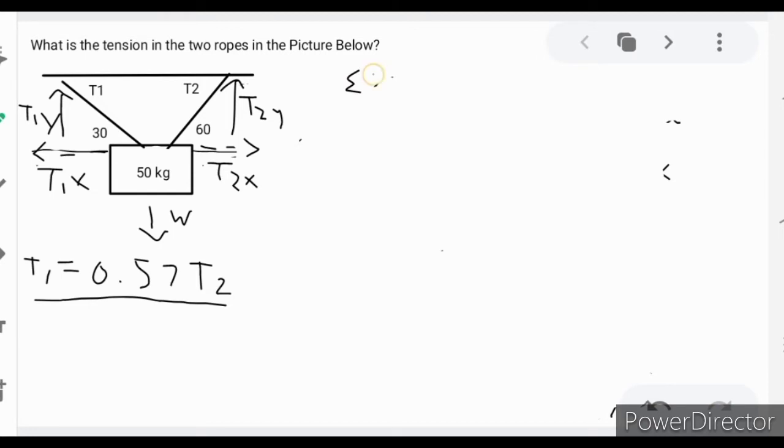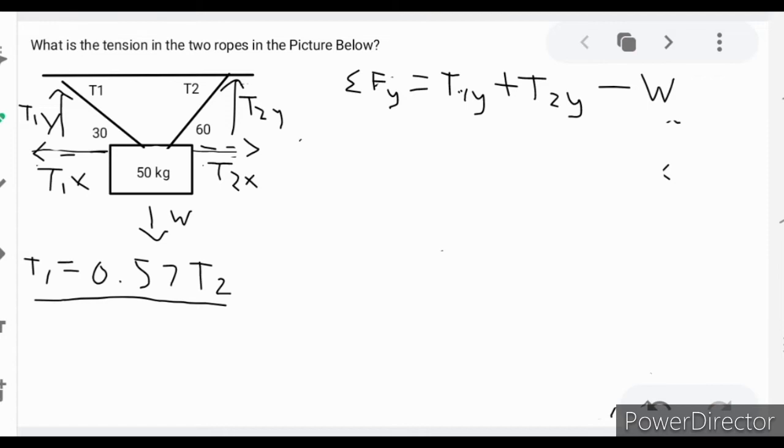After getting the equation for T sub 1, let's now treat the values along y. So we have the summation of F sub y, which is equal to Ty sub 1 plus Ty sub 2, since both are in upward motion, then minus W, which is weight, since it is in a downward motion.